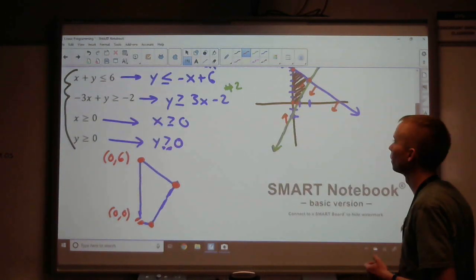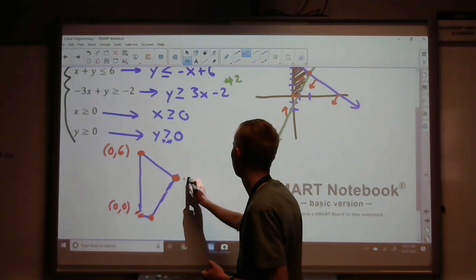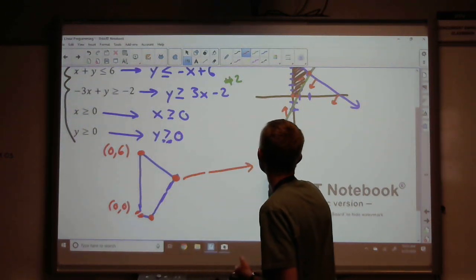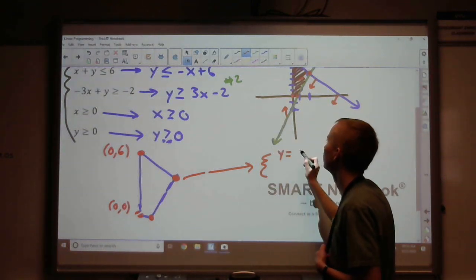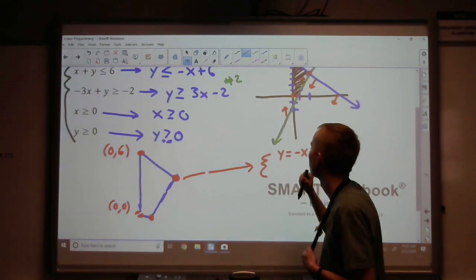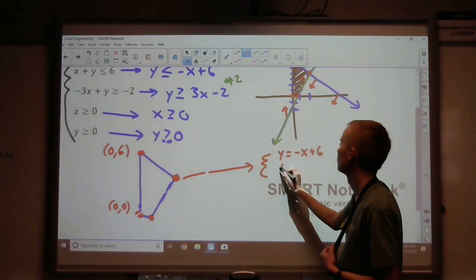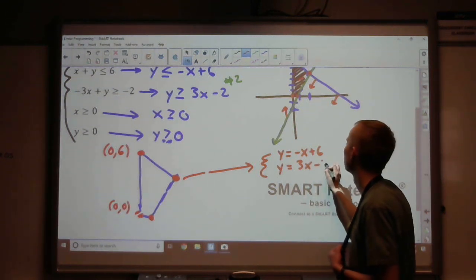In other words, we're going to be looking at the system of equations: y equals negative x plus 6, that first equation of my line, and my second equation of my line is y equals 3x minus 2.